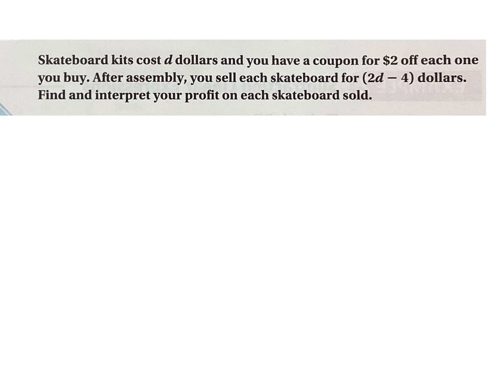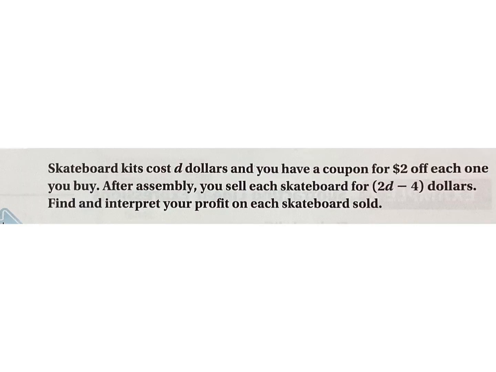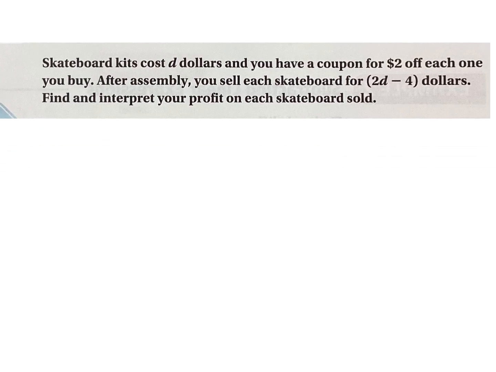All right, we have a word problem here. Skateboard kits cost $D, and you have a coupon for $2 off each one you buy. After assembly, you sell each skateboard for $2D minus $4. Find and interpret your profit on each skateboard sold. So we're looking for the profit.